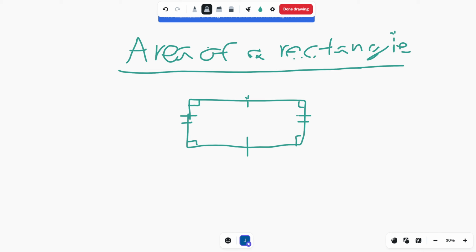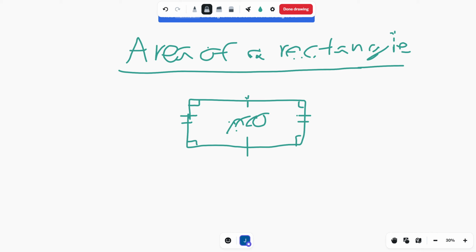Now, when we're looking to calculate the area of something, we're always looking at it from its two-dimensional side, meaning that we're always multiplying by a certain amount of things to figure out how much is within the area, meaning how much is inside.